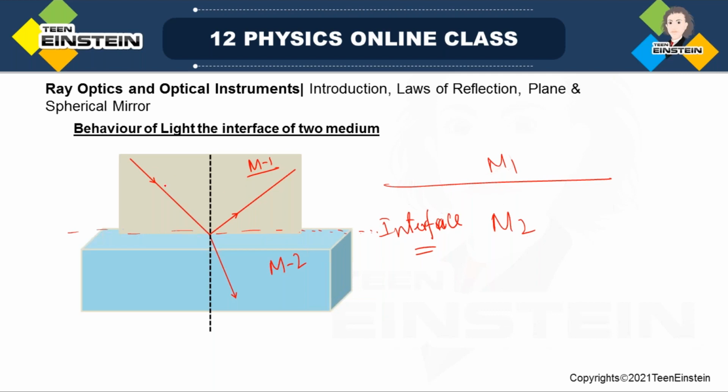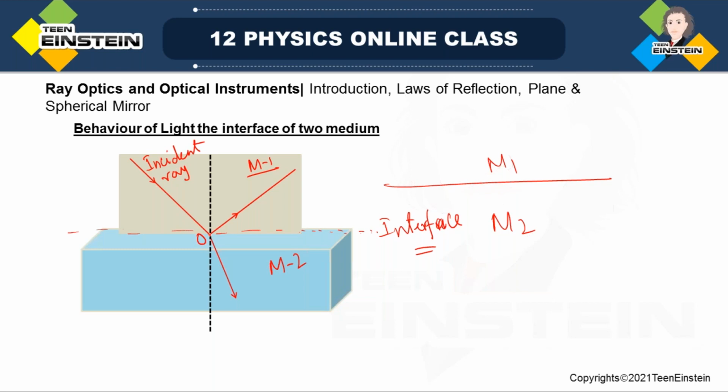So when a light ray comes and is incident at the interface, suppose this is a point O. This point is called the point of incidence of light, and this light is called the incident ray. You have this idea maybe a little bit from previous classes. So this is called the incident ray.